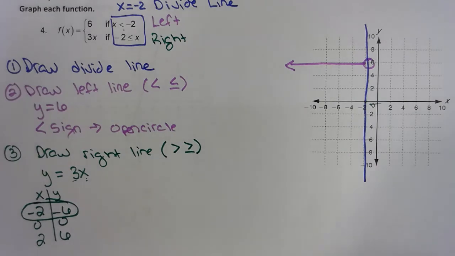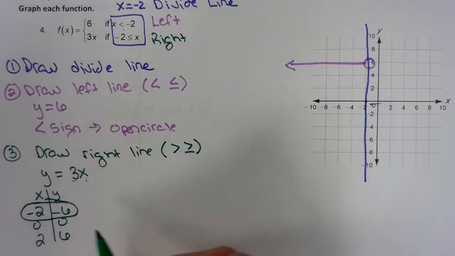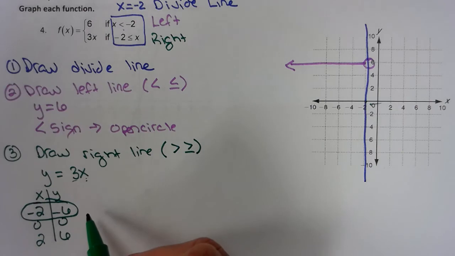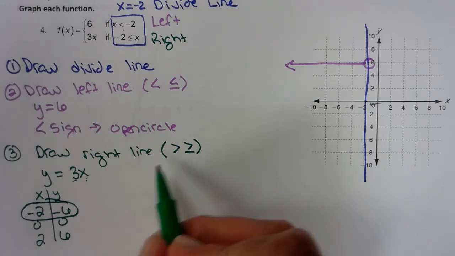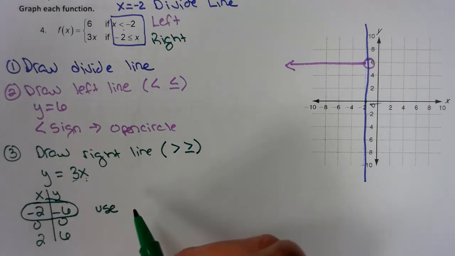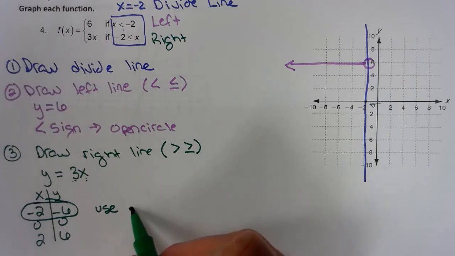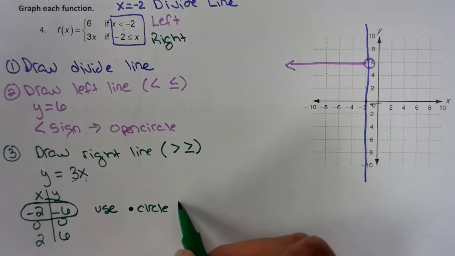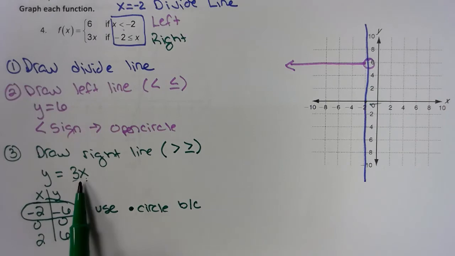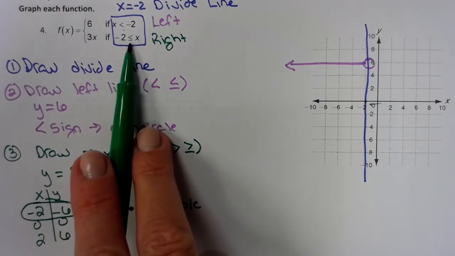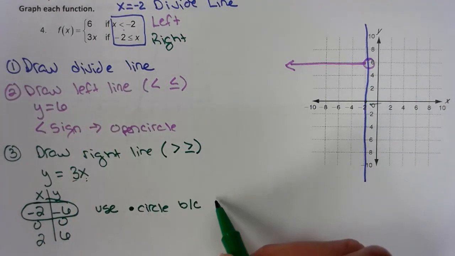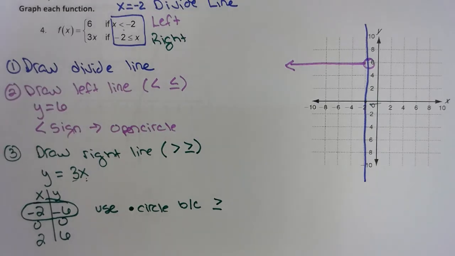So this is your point that is on the line. And I'm going to use a closed circle, because when you look up here at your parameters, it is greater than or equal to.